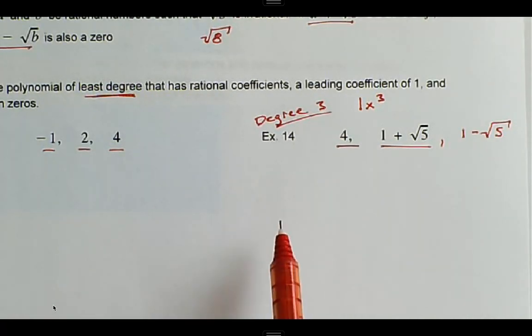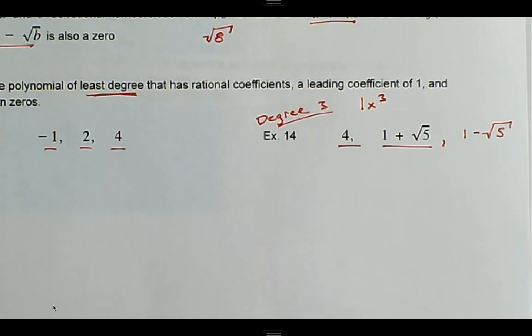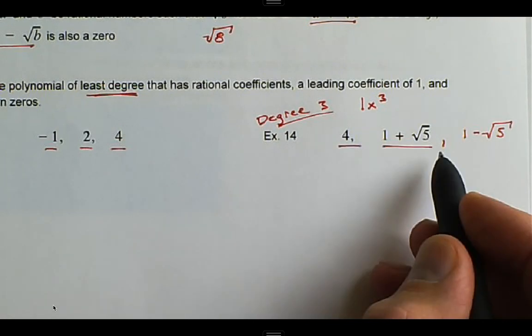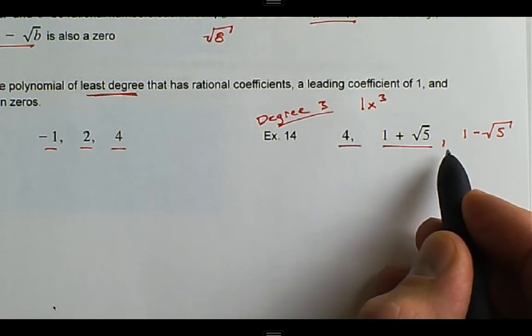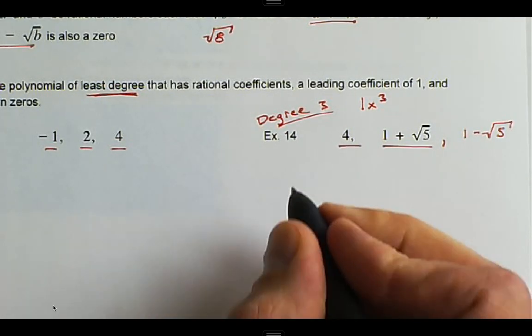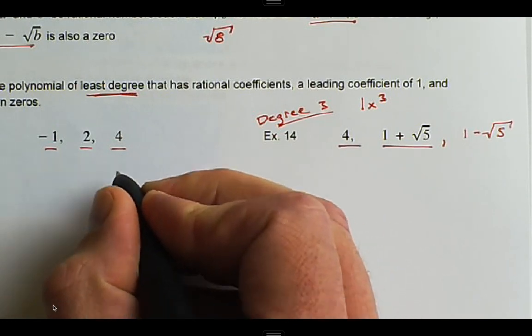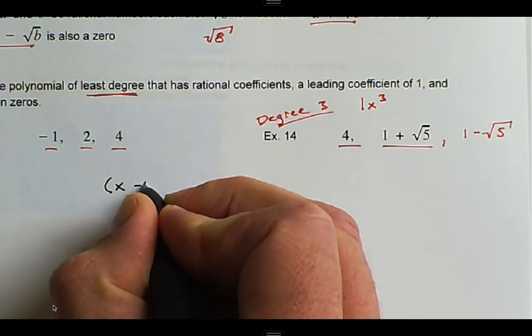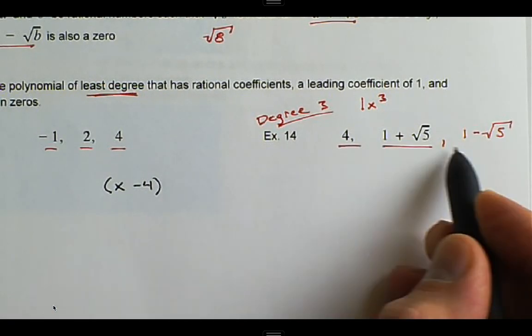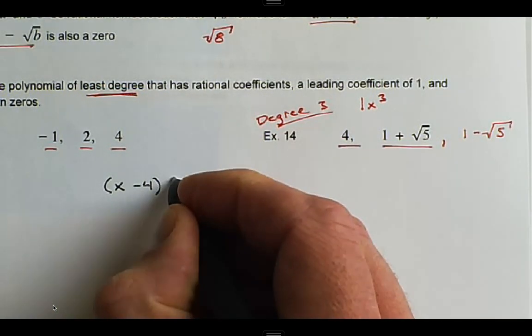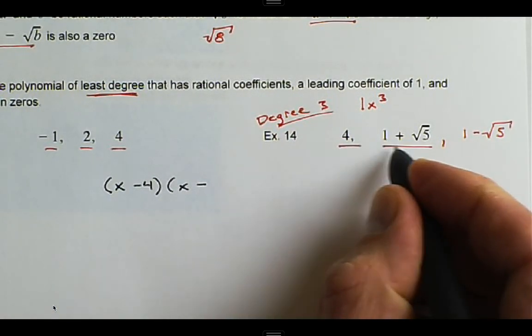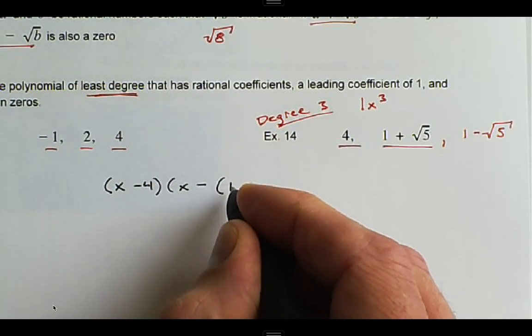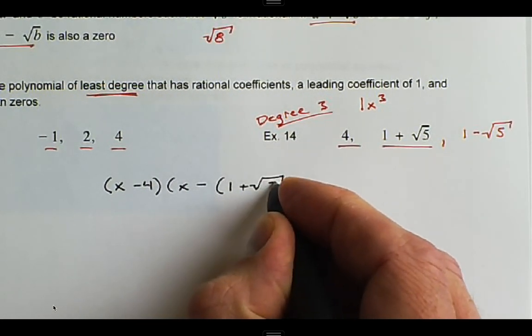We know how to make these into a binomial so that they would be a 0. We just subtract them. So the first one, that one's a little bit easier. So x minus 4. These next two are a little more complicated because we have to take x minus, and then we have to make sure that we put that in parentheses, 1 plus the square root of 5.